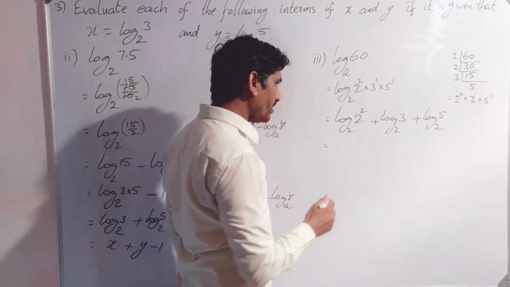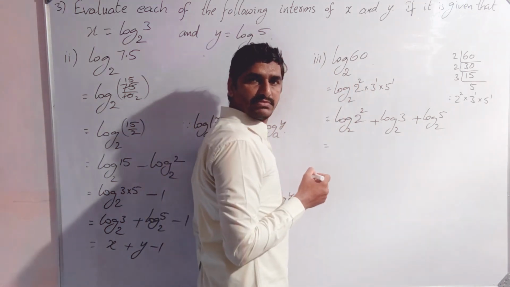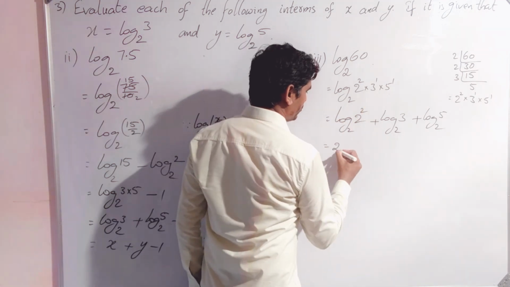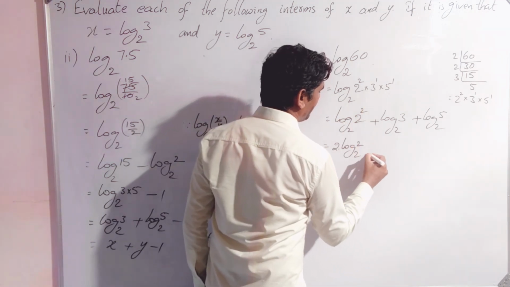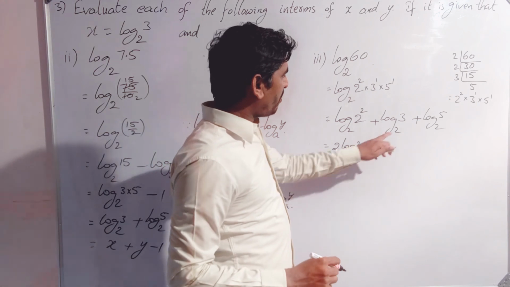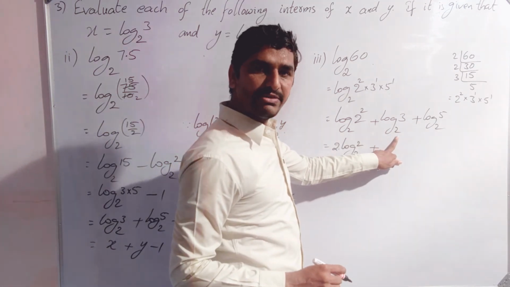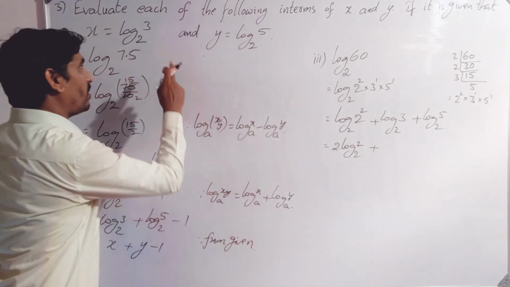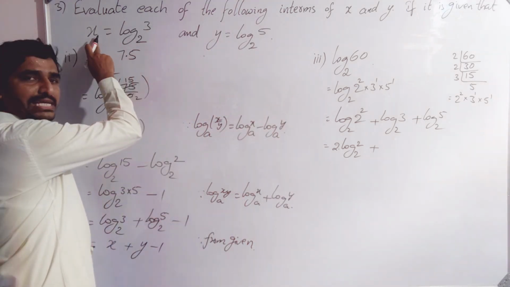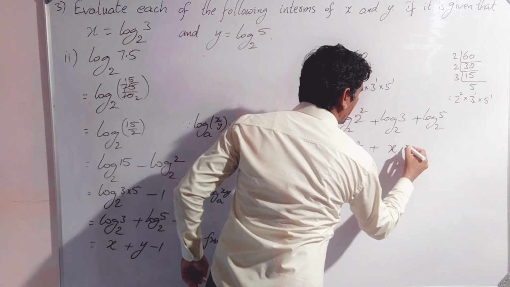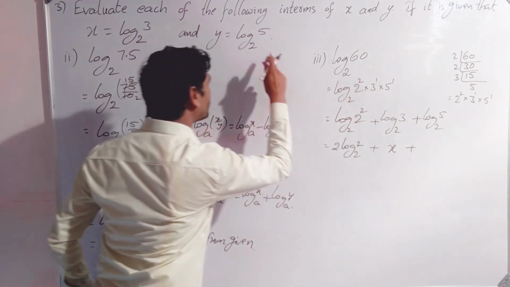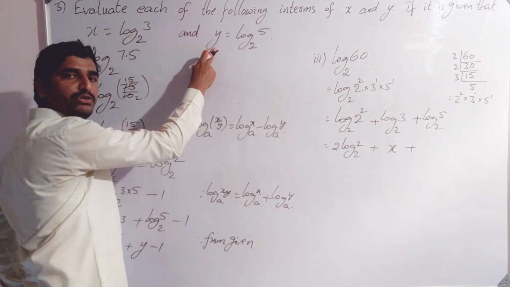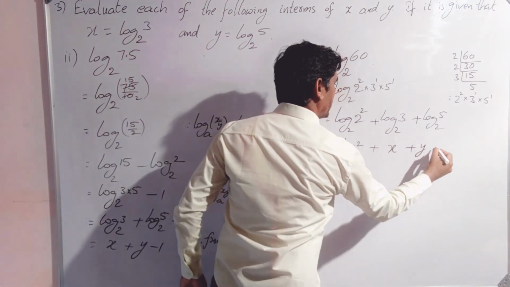Now, power comes to the front. Yes or no? Yes. 2 times logarithm of 2 to the base 2, plus log 3 to the base 2, which is given as x, plus log 5 to the base 2, whose value is given as y.